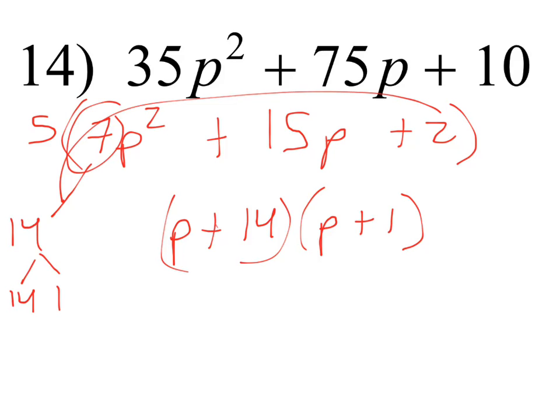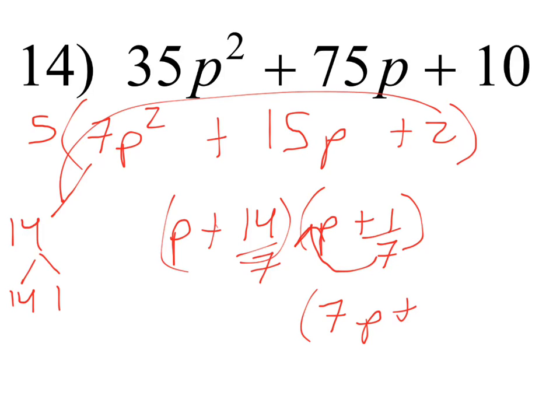And we need to try to address this issue of the 7 out front, so we'll attempt to divide both by 7. It doesn't work in the second one, so we'll pull the 7 out front. Oops, 7p plus 1. But it does work on the first one, so I'll have p plus 2 there.